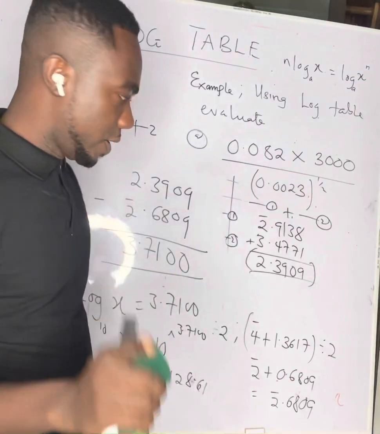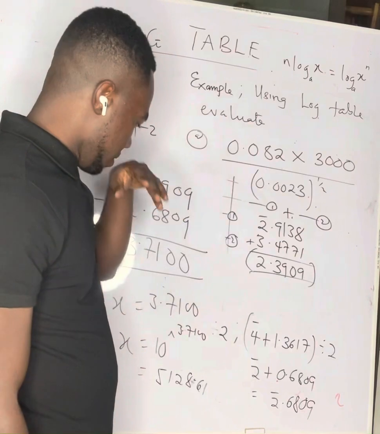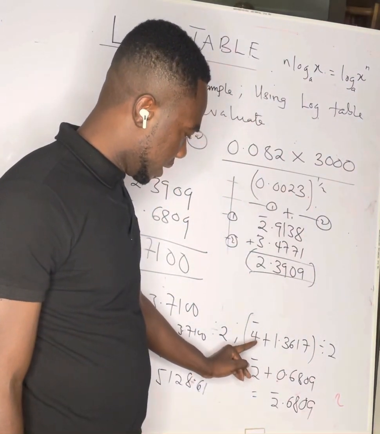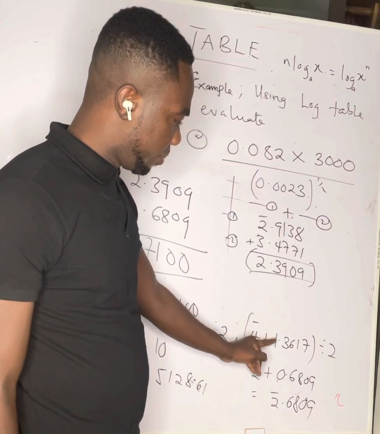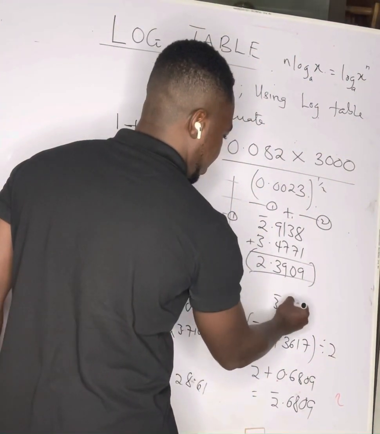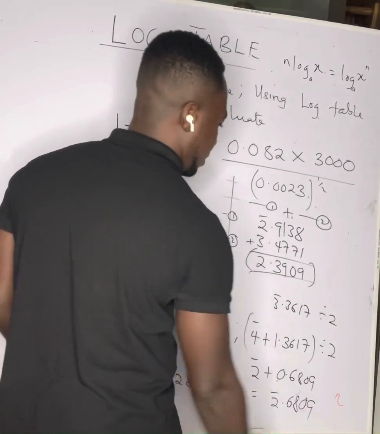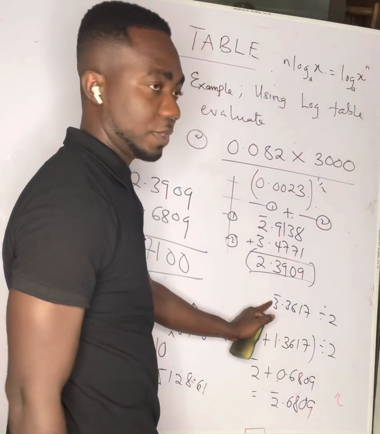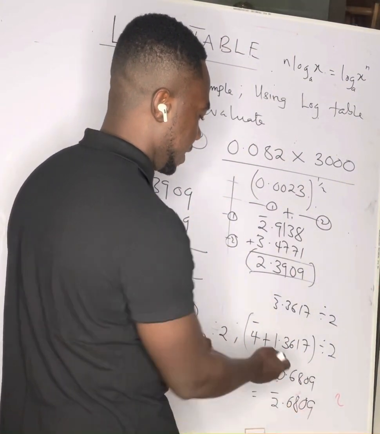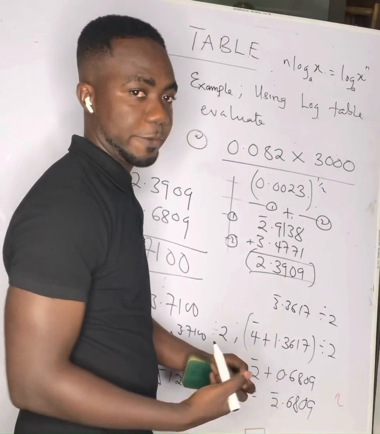But under your division, always make sure that when you are dividing, as we did here, the value was minus 3.3617, where we are dividing it by 2. But you can see that 2 cannot divide this without a remainder. So first, you need to look for the factors of 2. This is the same as this; we've not changed anything. We just want the 2 to divide the value without a remainder.